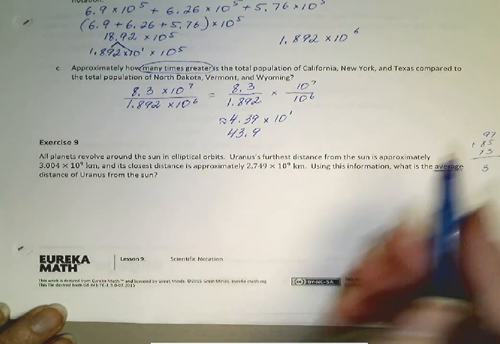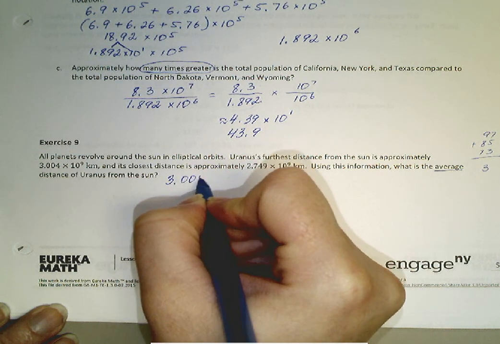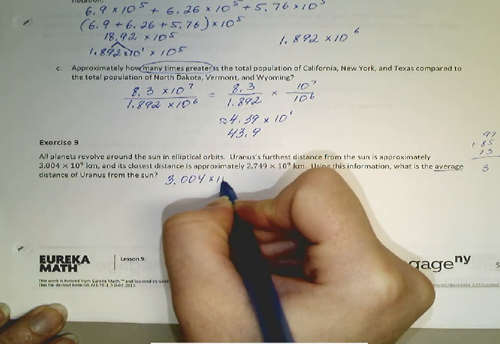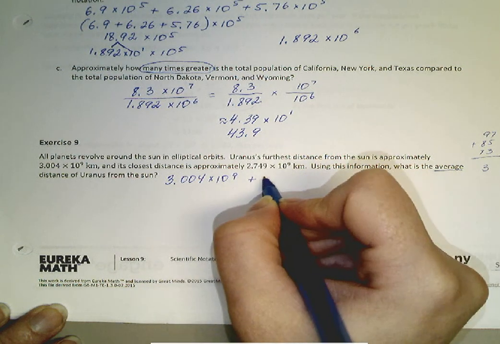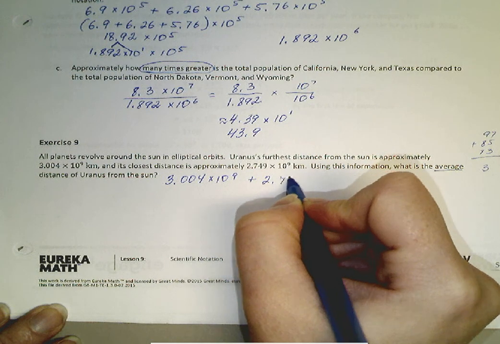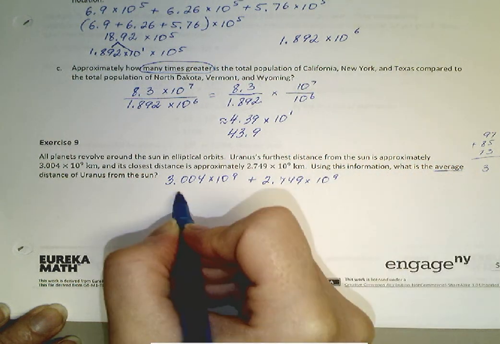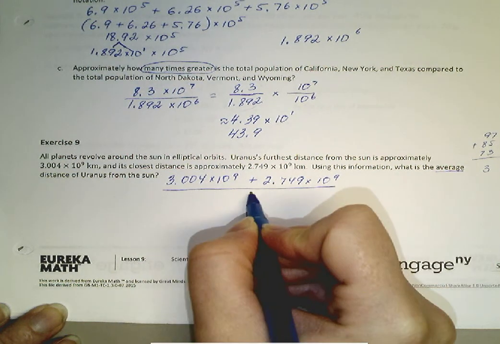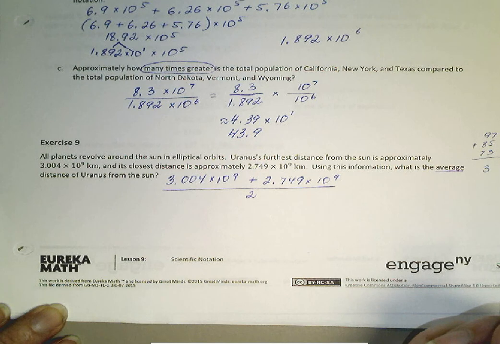So I'm going to write 3 and 4 thousandths times 10 to the ninth, and I'm going to add the other distance, 2 and 749 thousandths times 10 to the ninth, and I'm going to divide it by 2 because I'm adding two numbers and I'm dividing by 2.